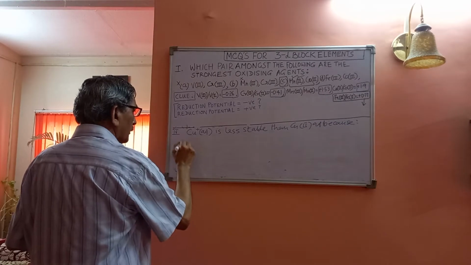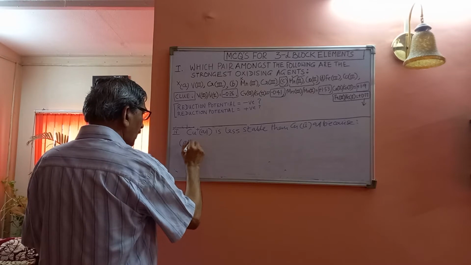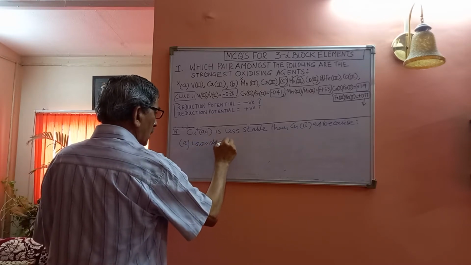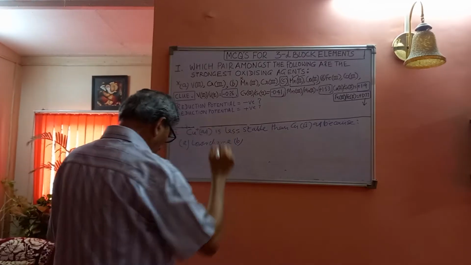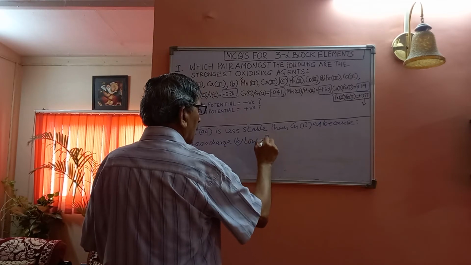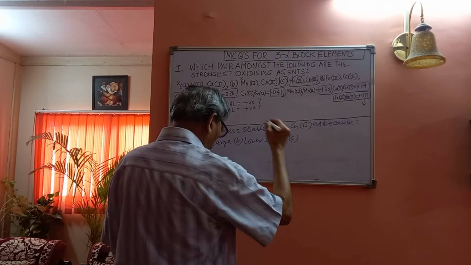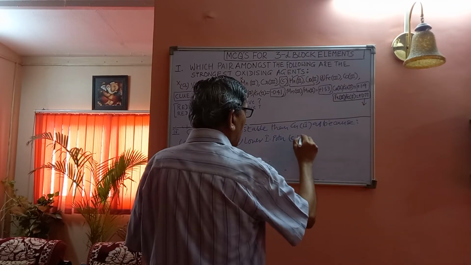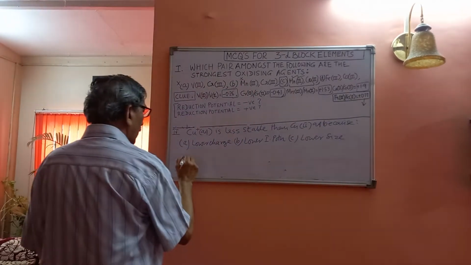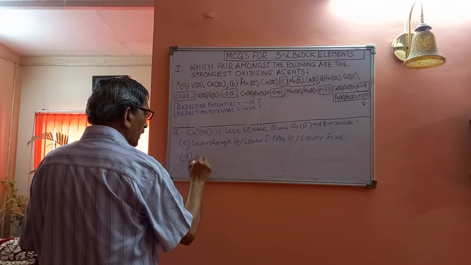A, copper plus has lower charge. B, it has lower ionization potential. C, it has lower size. And D, it has lower hydration energy.